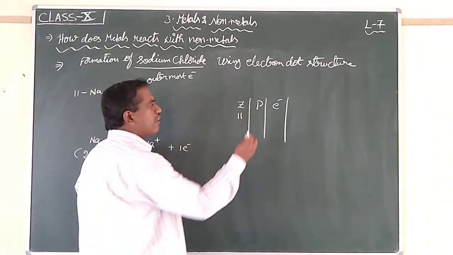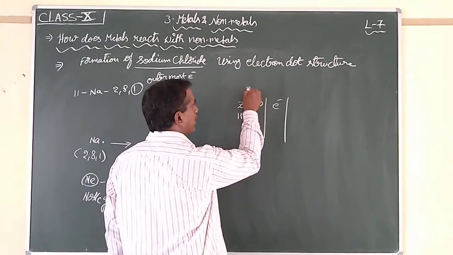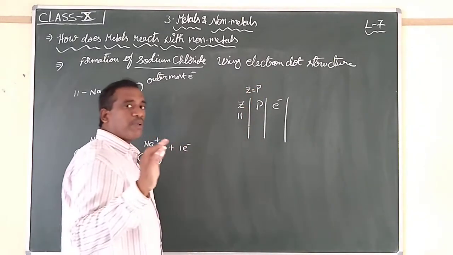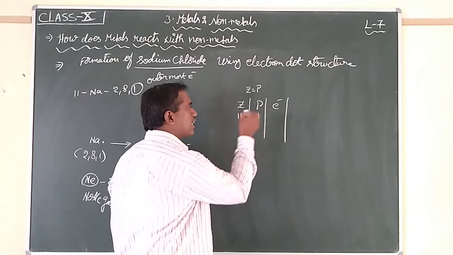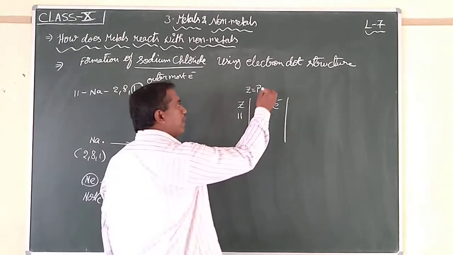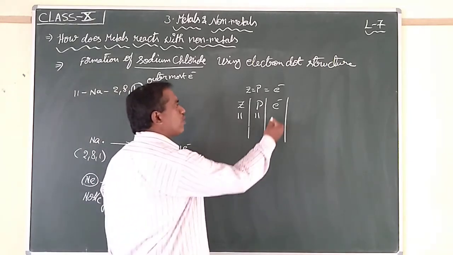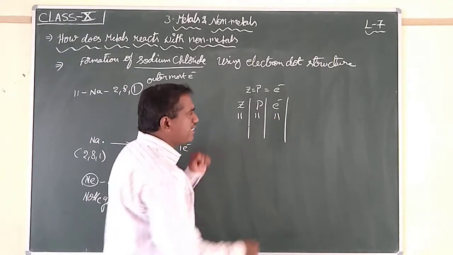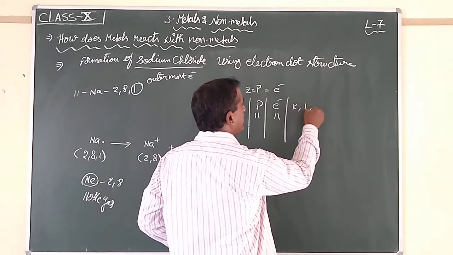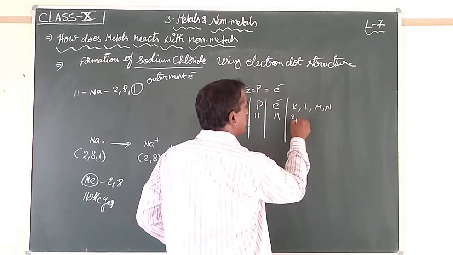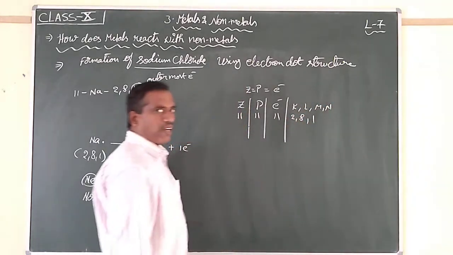Basically, protons will be equal to atomic number. So, how many protons are there? 11 protons are there. And basically, protons will be equal to electrons. How many electrons are there? 11. These 11 electrons, how did we distribute them? We distribute as 2, 8, 1.